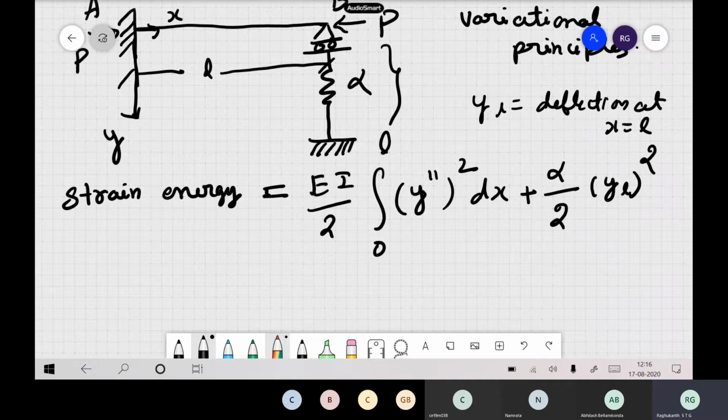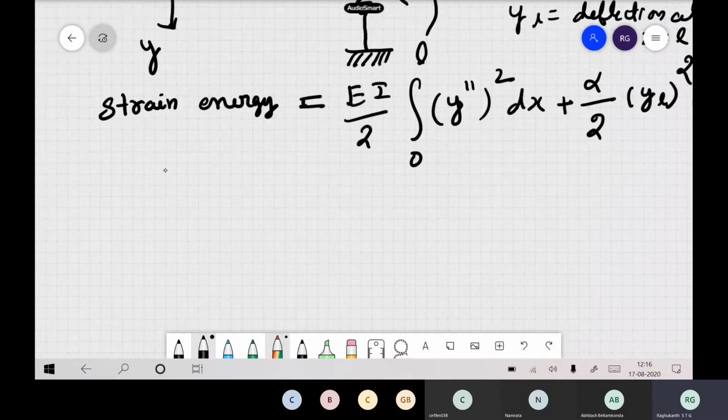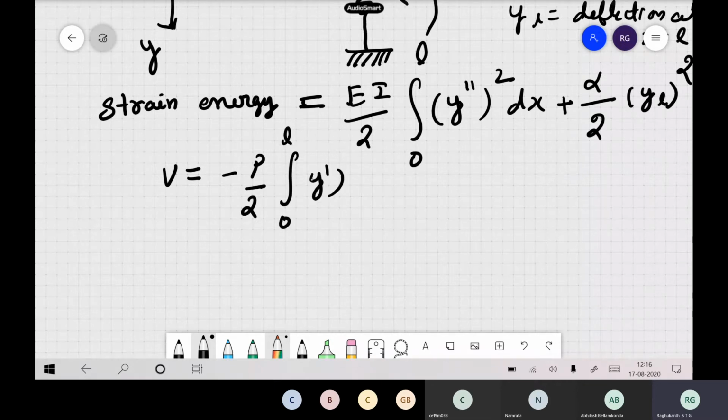Now we have to write the expression for the work done by this load itself, the loss of potential energy, the work done by the external load. Last class we already derived this. P into W, this becomes 0 to L y dash square dx.